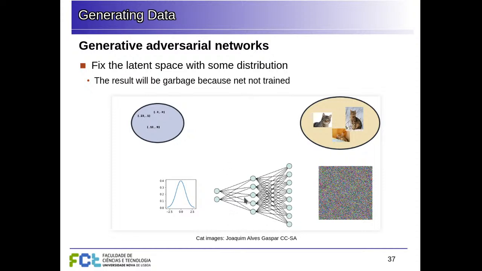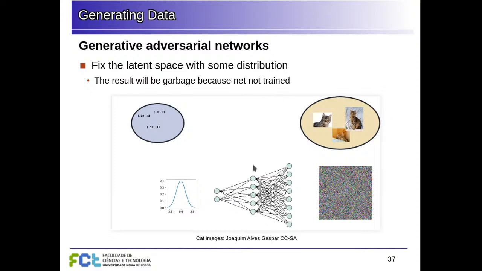Now, in the beginning, we have random weights on this network. So if we pick some random values here, pass through the network, then we'll have noise outside. So this will not be a cat image in the beginning.